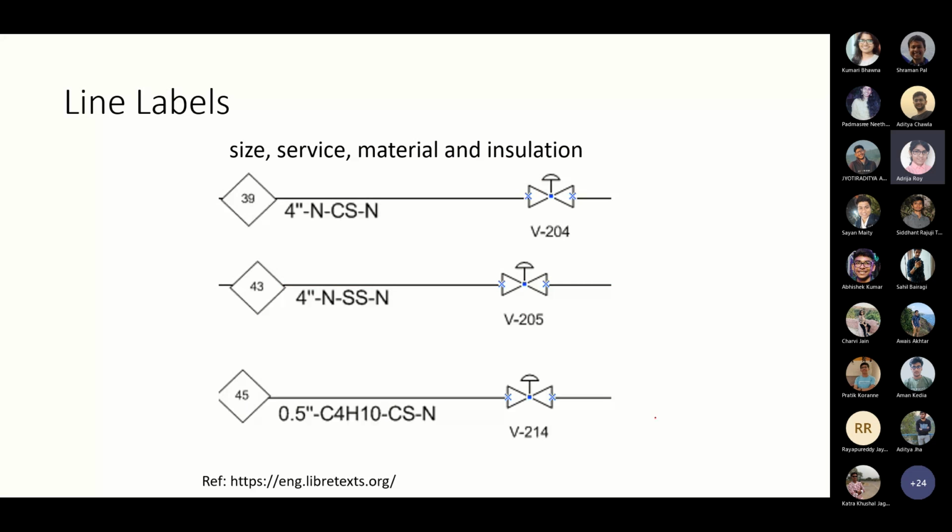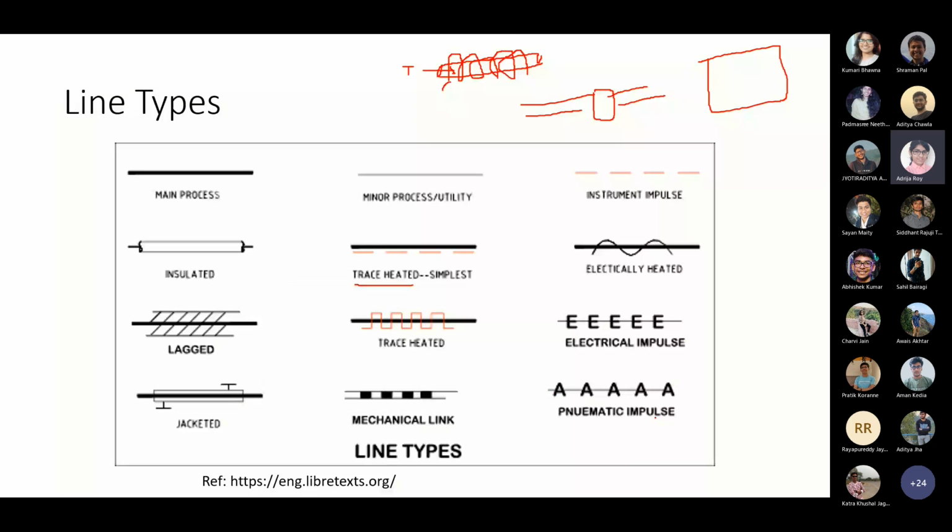Now, each pipeline. Sir, could you please explain the lagged line again? All right. Suppose we have a hot iron rod.